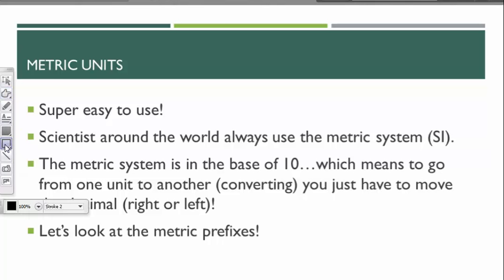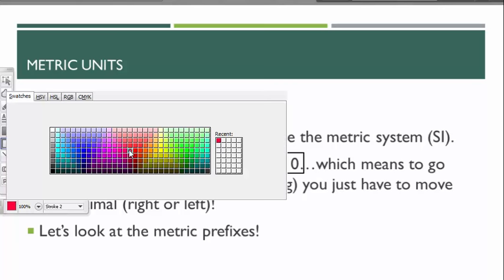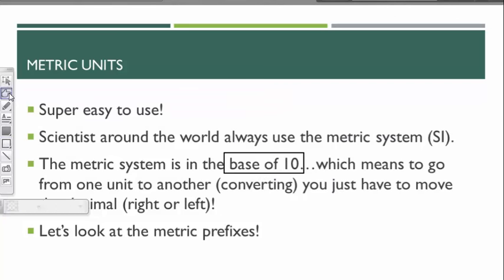Now you might say, well, so what? Base 10 is great. The reason why base 10 is so wonderful is because it's easy to use. That means all the numbers we're going to use today are going to have zeros in them.